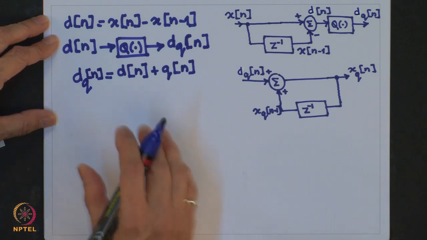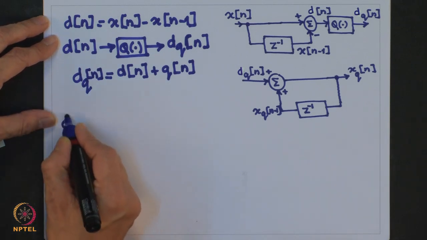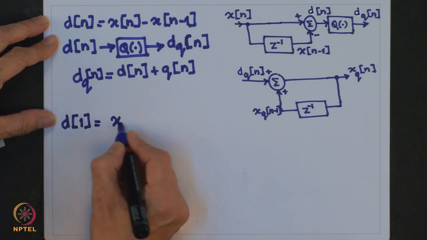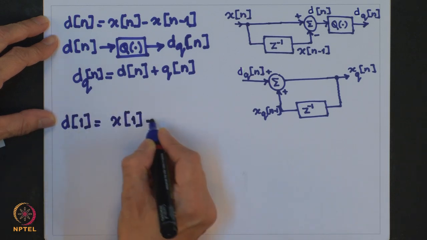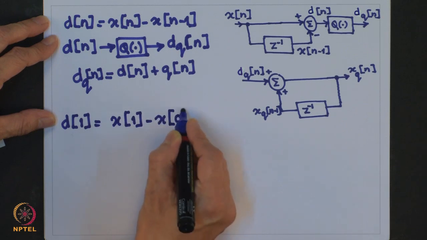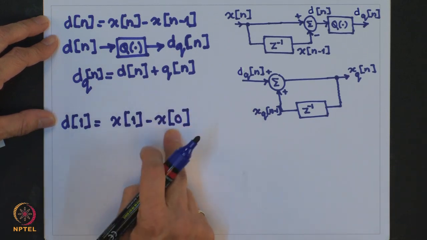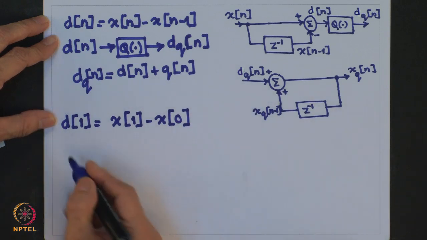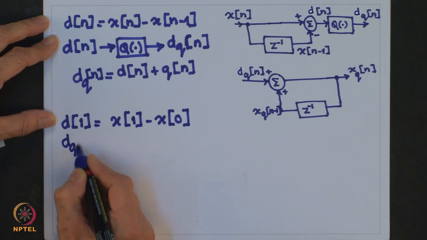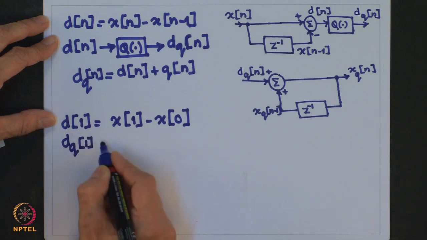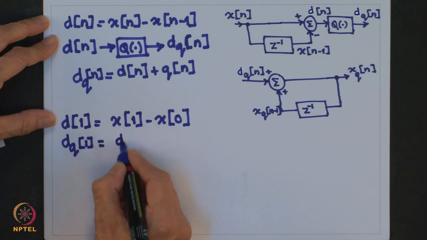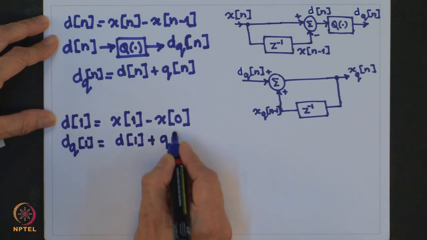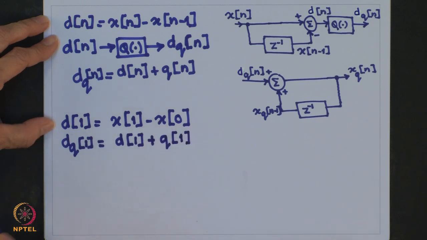Now, let us look at the first difference sample which I generate, d1, which is equal to x1 minus x0. As I have said earlier, x0 is known at the receiver, we can assume it to be 0, it is not going to make any difference. So, this d1 is going to pass through the quantizer to give me dq1, which is nothing but the original value plus the quantization error.